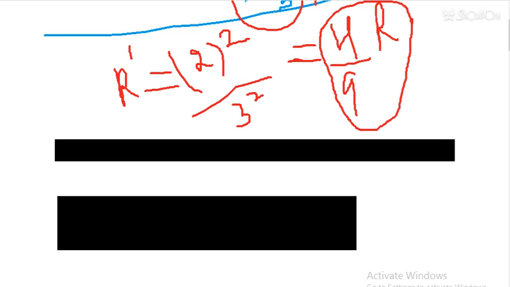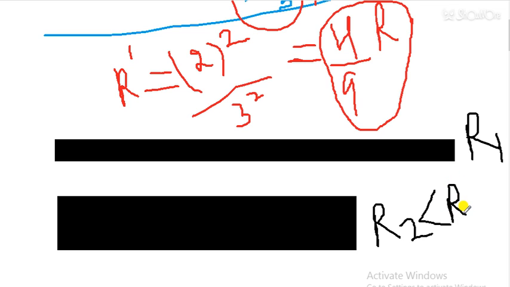If this wire has resistance R1 and this wire has resistance R2, then R2 will be less than R1, because here the length is decreased and the area is also increased, so the resistance is decreasing.